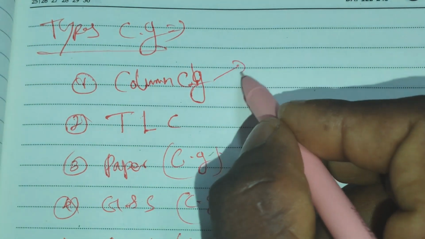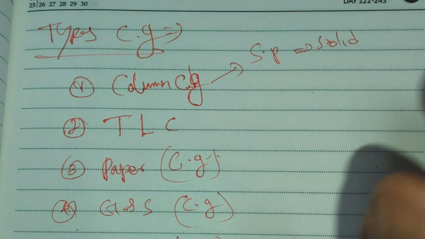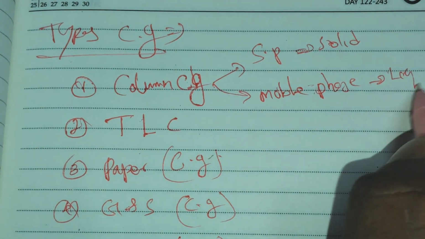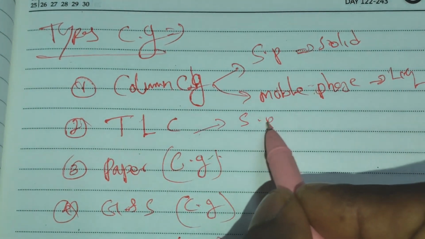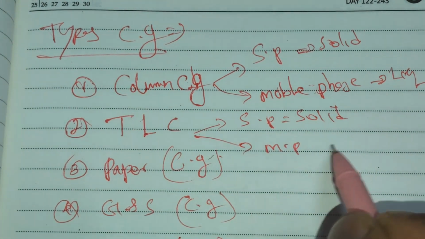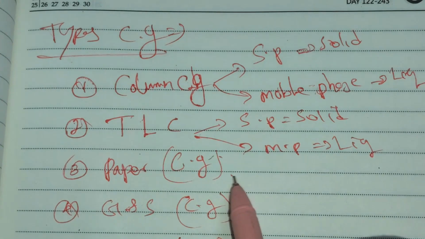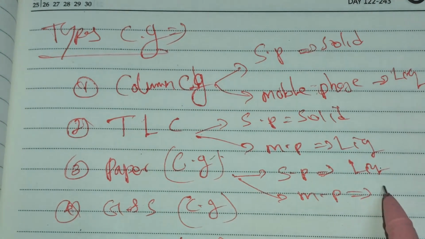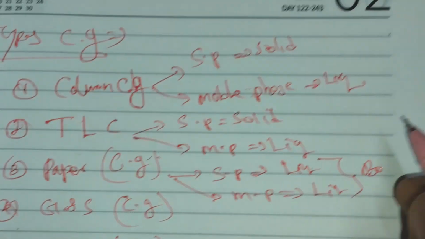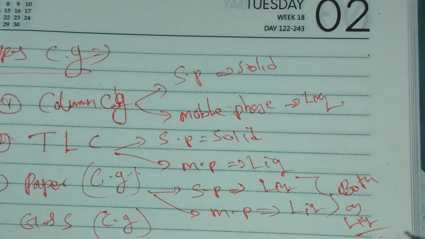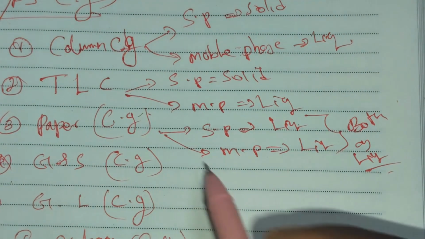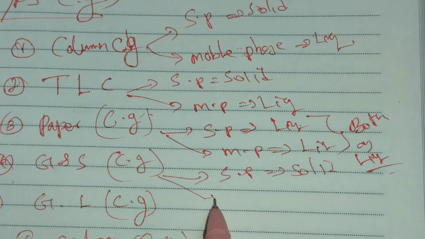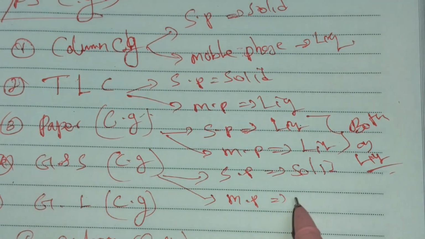In column chromatography, the stationary phase is a solid and the mobile phase is a liquid. In TLC, the stationary phase is a solid and the mobile phase is a liquid. In paper chromatography, the stationary phase is a liquid and the mobile phase is a liquid, so both are liquid phases. In gas solid chromatography, the stationary phase is a solid and the mobile phase is a gas.